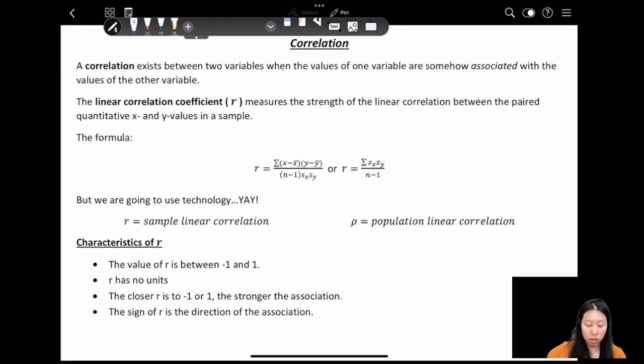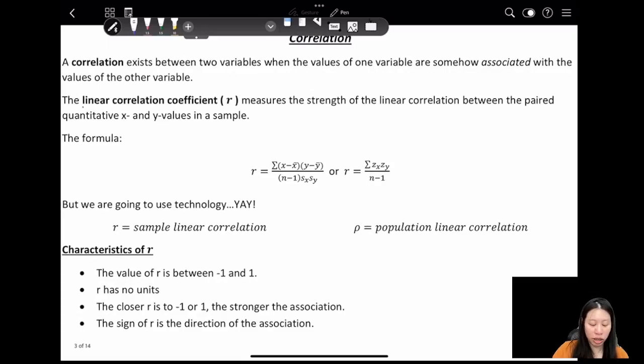So the formula of R, remember R is the linear correlation coefficient. That means R is an indicator that tells you how strongly these two variables, x and y, are correlated.